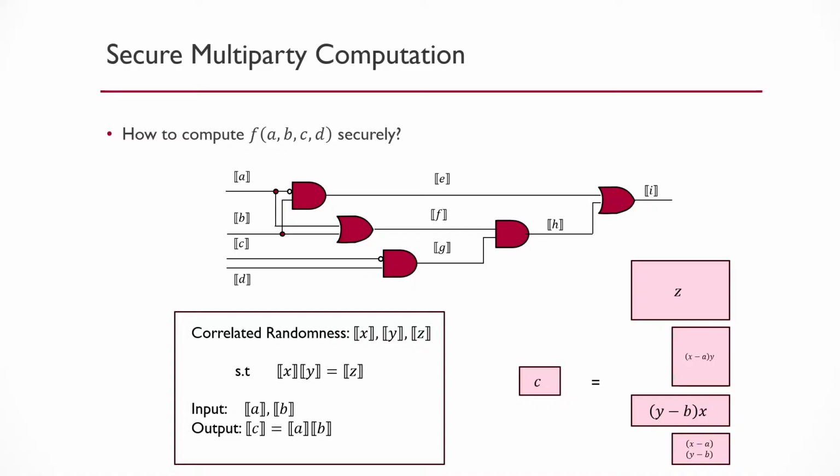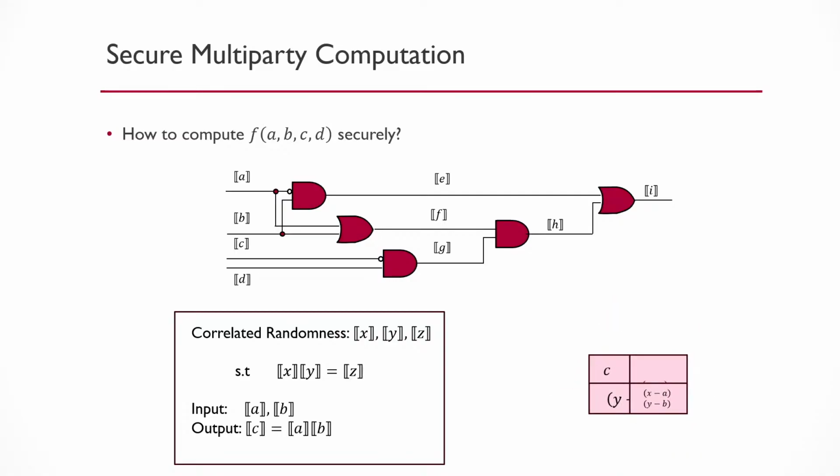The main algorithm that people use, at least in the two-party case, is this Beaver triple trick, where if you pre-process a random triple x, y, z, such that z is the product of x and y, you can then use this clever de-randomization technique to compute the result of A times B, where A and B are chosen, but secret shared, and you get the secret shared result. I'm sure everyone knows Beaver, at least a lot of people do.